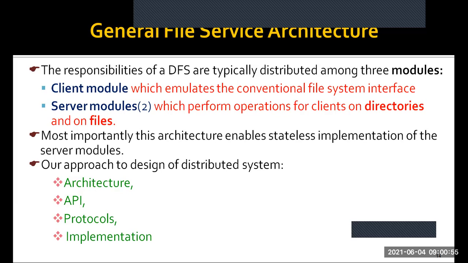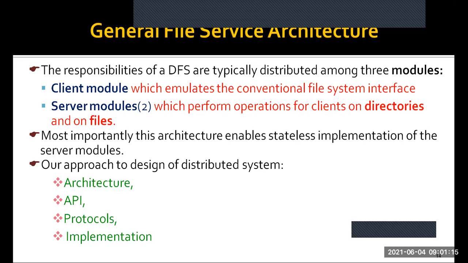Most importantly, this architecture enables the stateless implementation of the server modules. That is, it does not take into consideration in which state the client has been asking or in which state the server is residing.